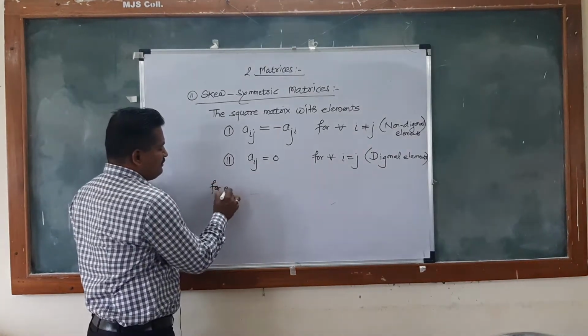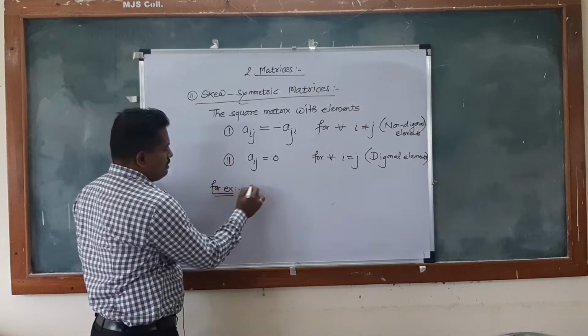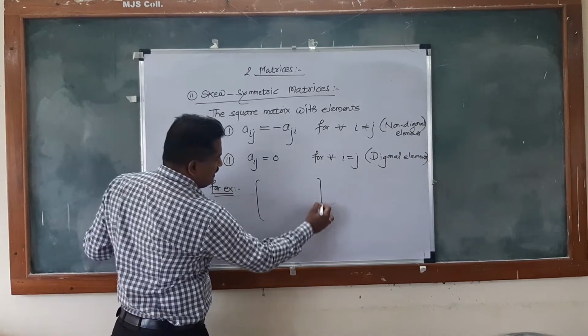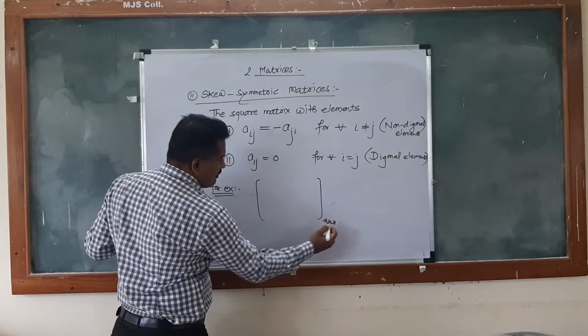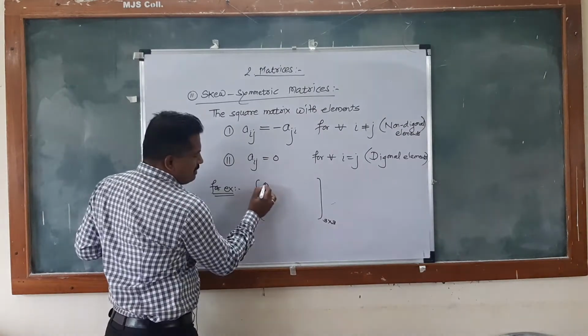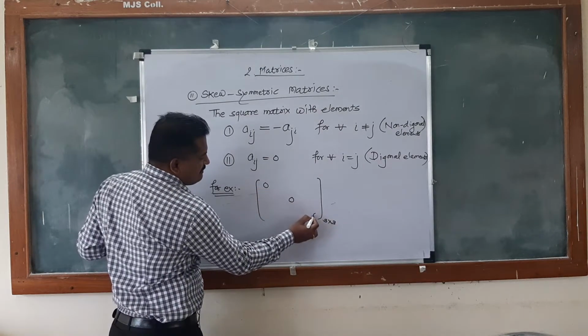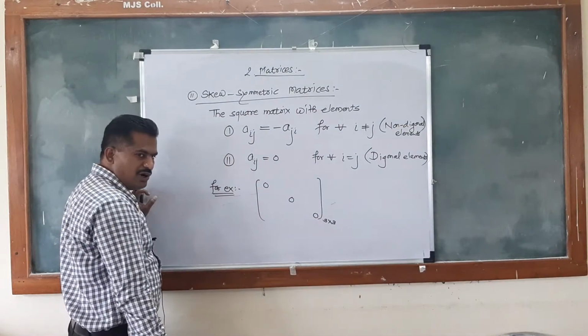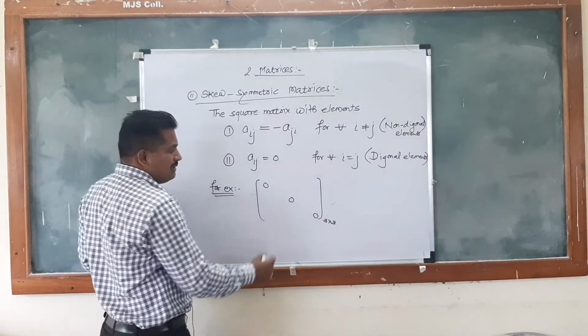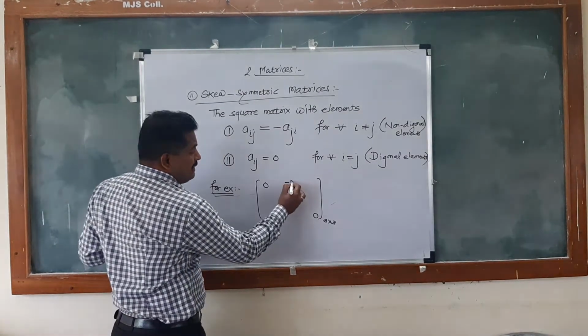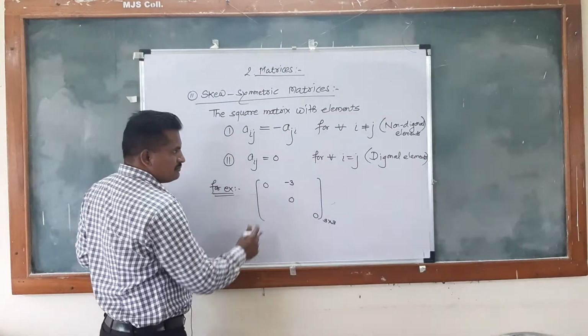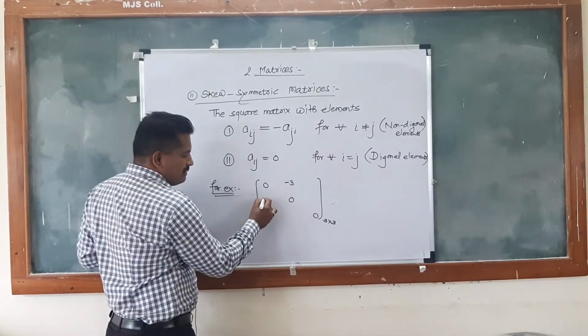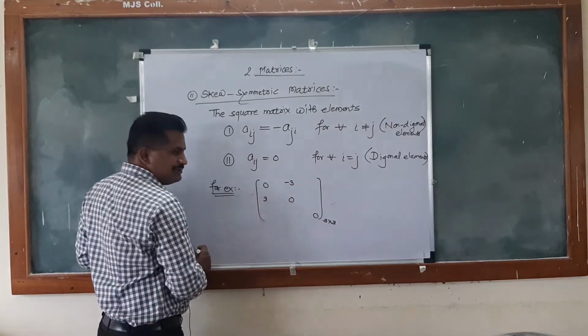For example, when we take a 3 by 3 matrix, firstly, all diagonal elements must be 0. And second, if it is a minus 3, it is a 3.